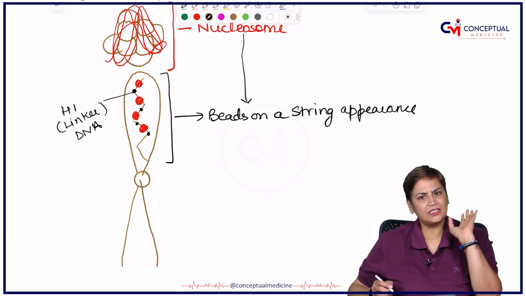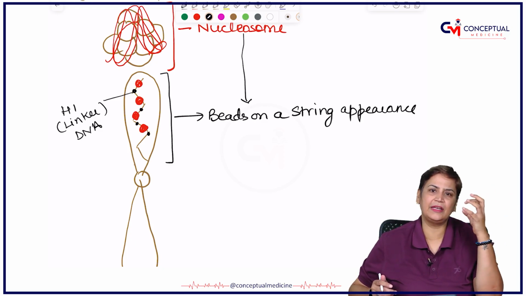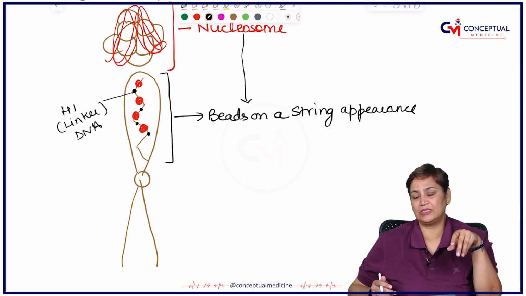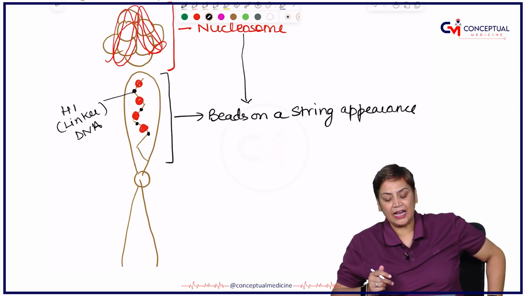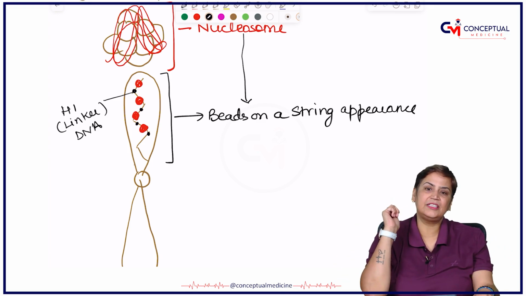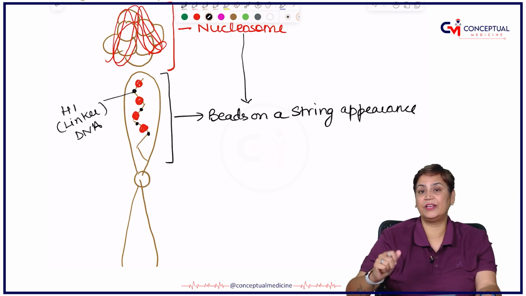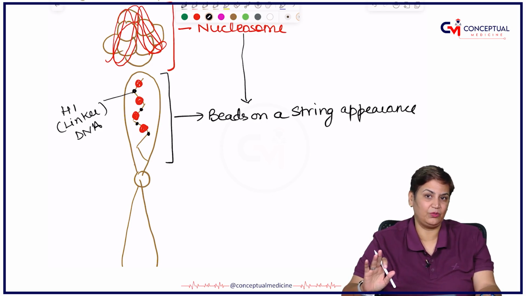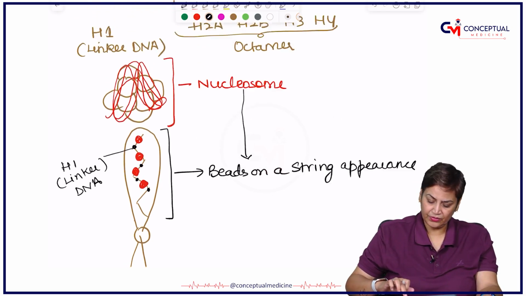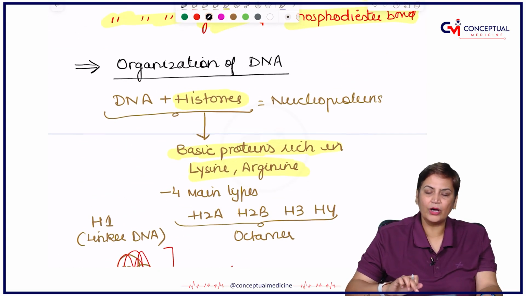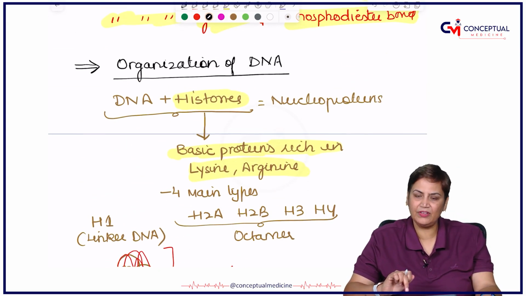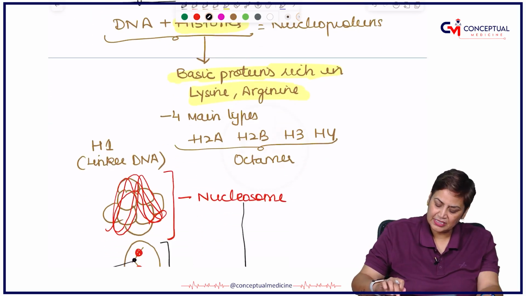But whenever DNA is not performing any function, it will be enclosed with the histones. And that is why we say that histones play a very important role in gene expression as well as regulation. Okay, so this is the organization of DNA with histones.